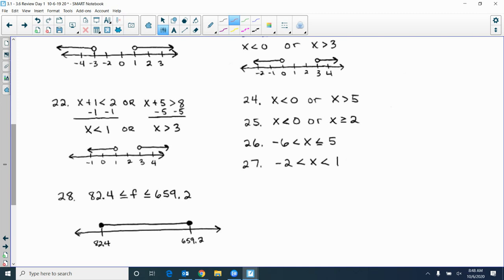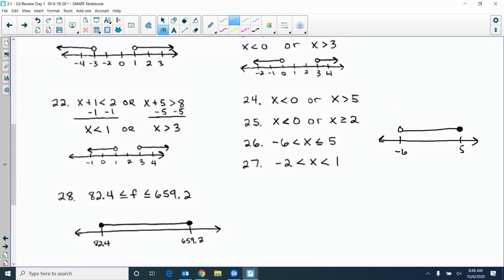Okay, because I think 26 and 27 tend to be the hardest, or I see the most mistakes. Because I believe it looks like this. Here's -6 to 5, closed dot. If it's shaded in between two numbers, you want them both less than.